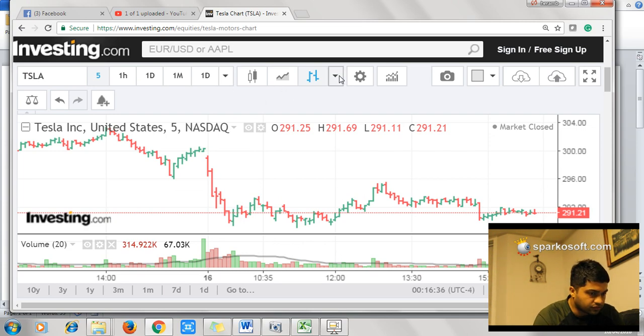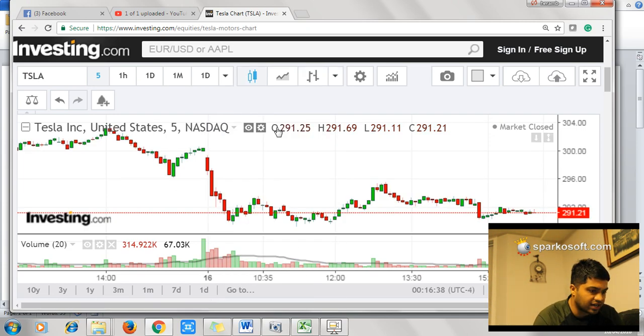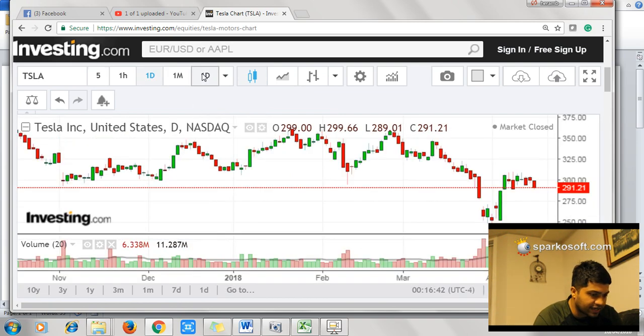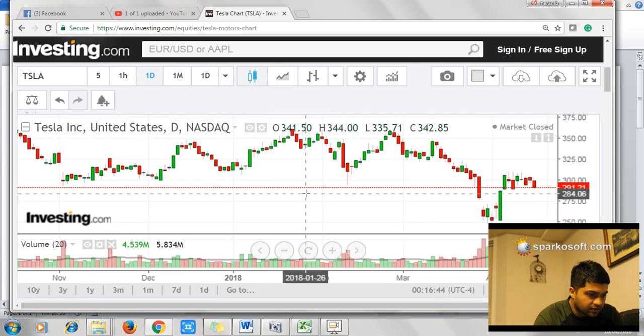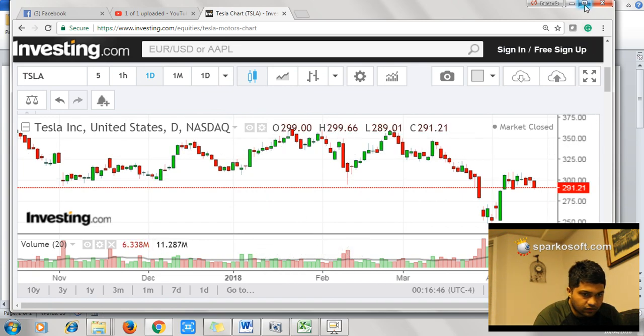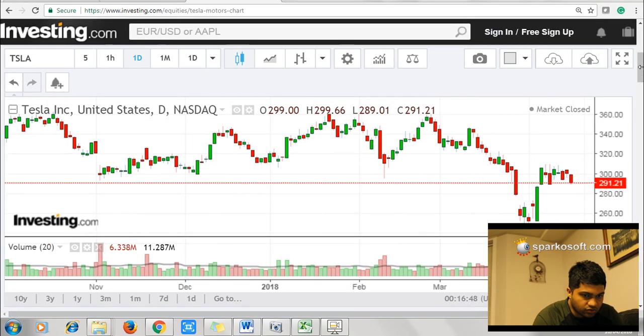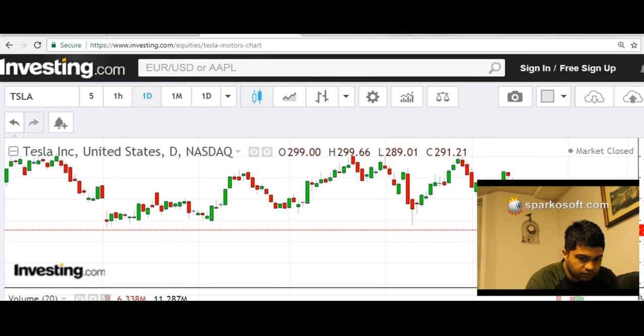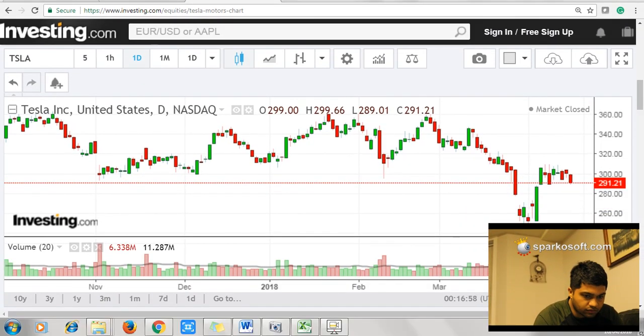Now the next type of chart, and the important one, is candles. So let's look at daily candles. I'll just try to zoom in a bit.